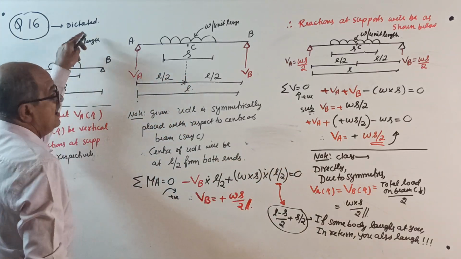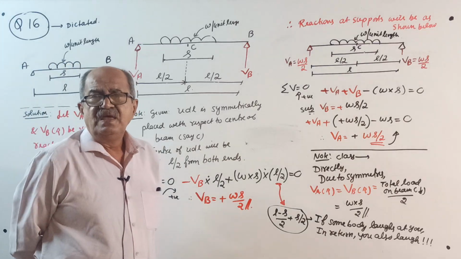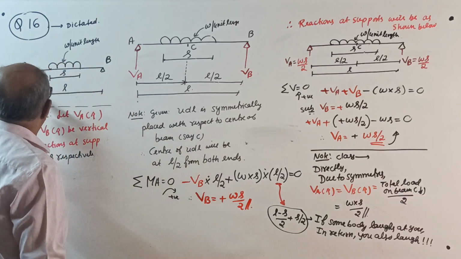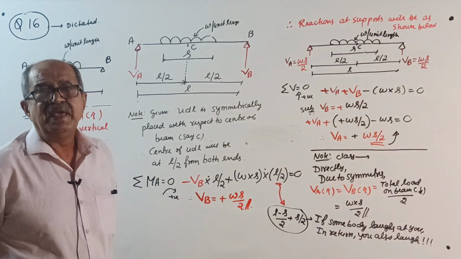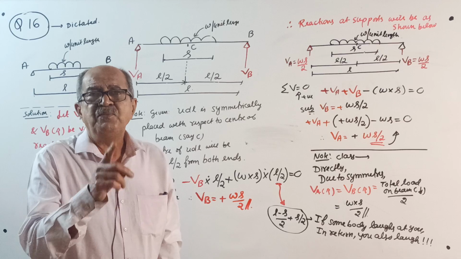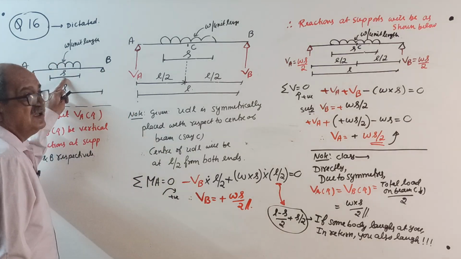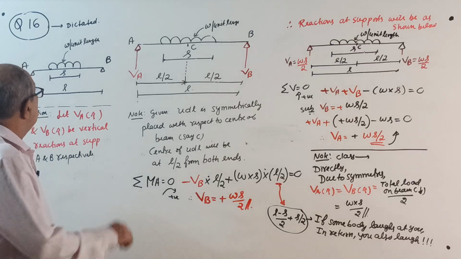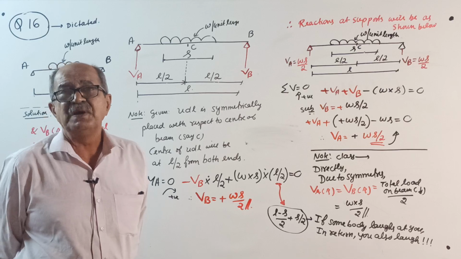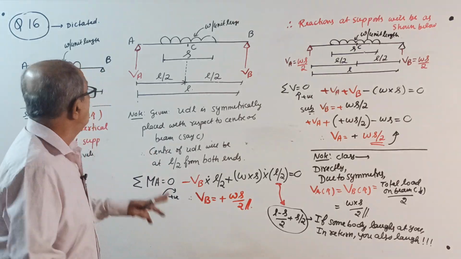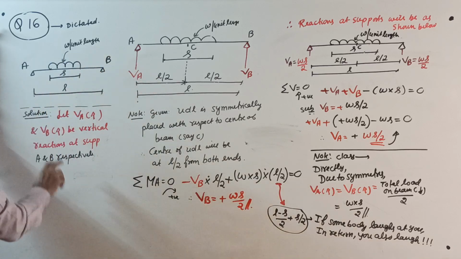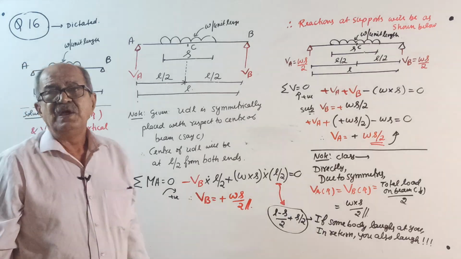Question number 16, I dictated. Correctly you have to write the question: a simply supported beam of span L is loaded by a UDL of intensity W per unit length for a length of S, which is placed symmetrically with respect to center.